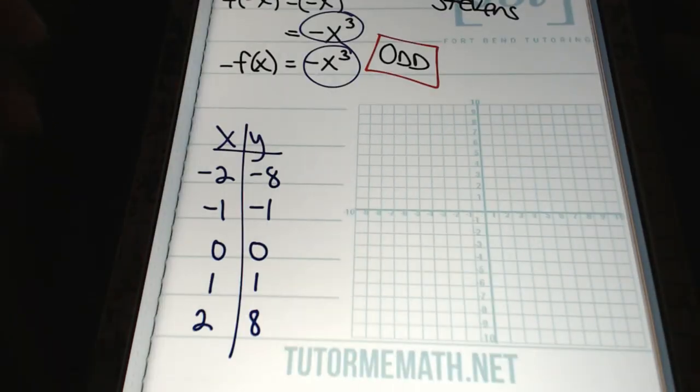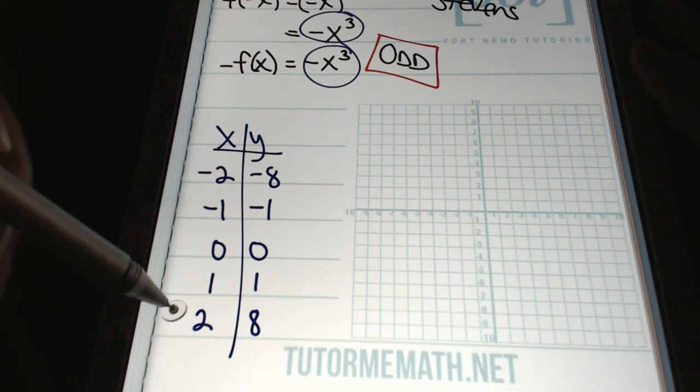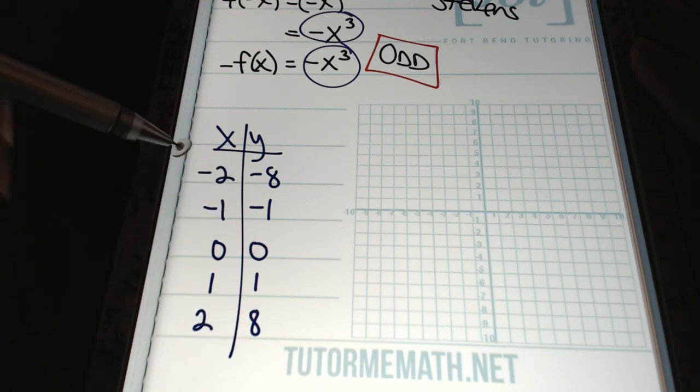However, let's check out what happens in this graph. And so that's what we can do for this problem here. Good stuff, Noah. All right, thanks for helping out in the chat. Let's go ahead and look at this graph here. Well, first of all, the table, you can see that if you plug in the opposite value of any x value, you'll end up with the opposite result, right?